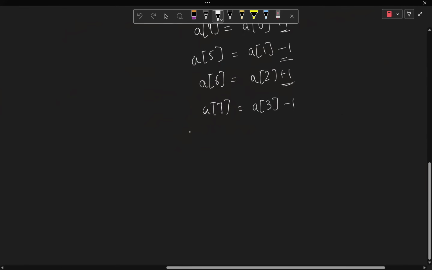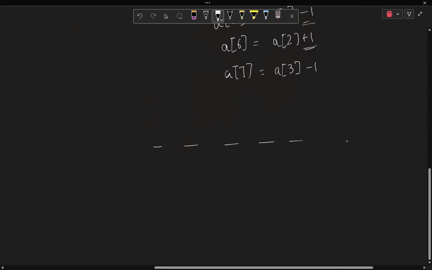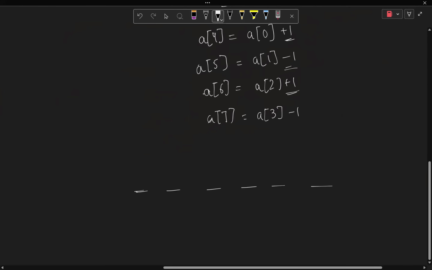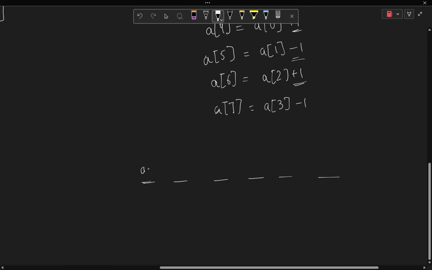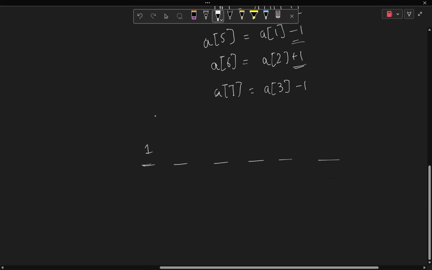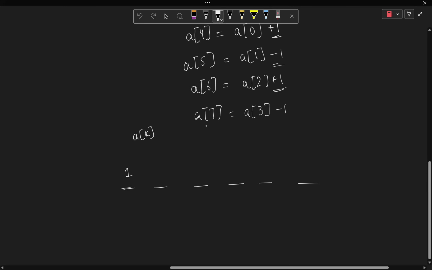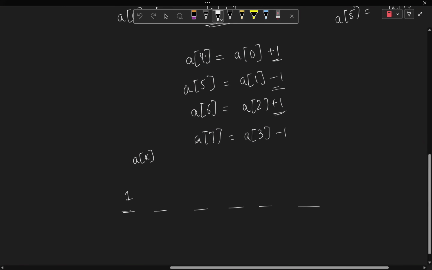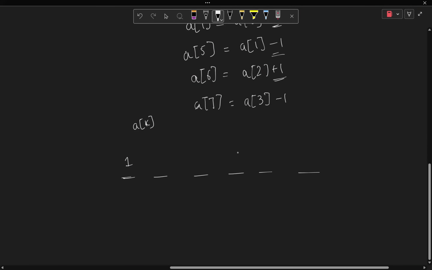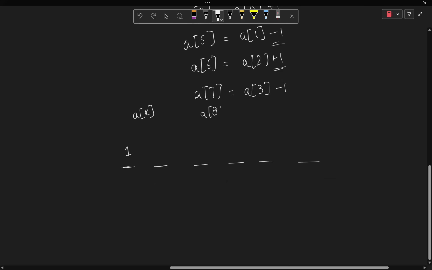So what I did is I noticed that whatever value I place at a0, let me place 1 there. Then at index k, I will have to place an element 1 greater than this, like a4 was 1 greater. And I noticed one more thing. a8 came out to be a4 plus 1.